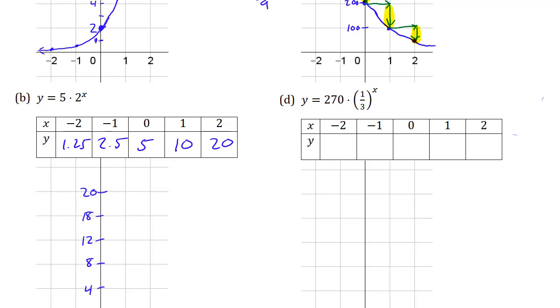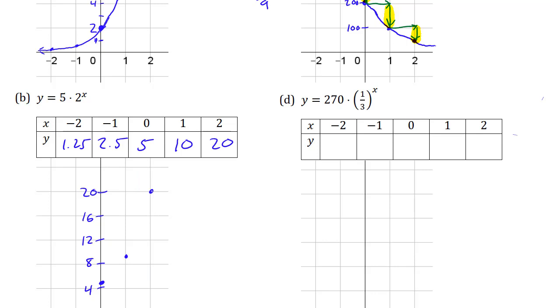Again, if you want to label this differently, that's okay, as long as each tick mark is evenly spaced apart. So 0, 5 is going to be about here. 1, 10 is about here. 2, 20 is right here.